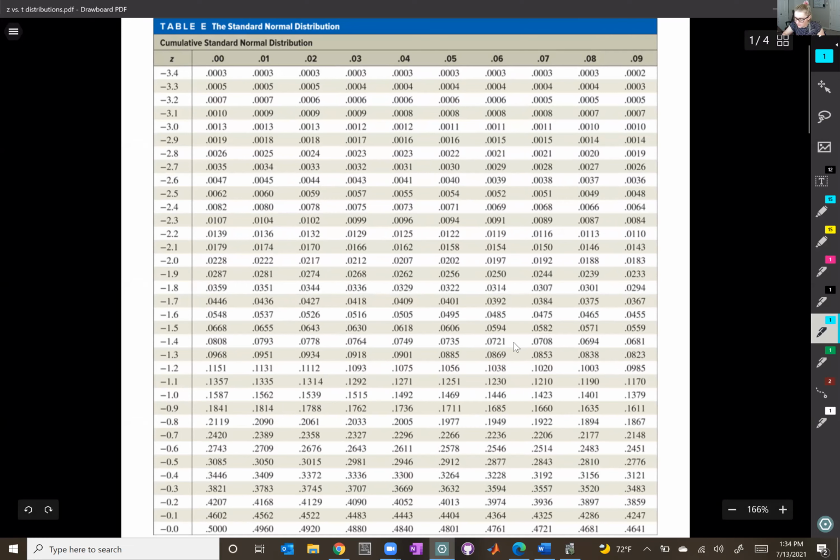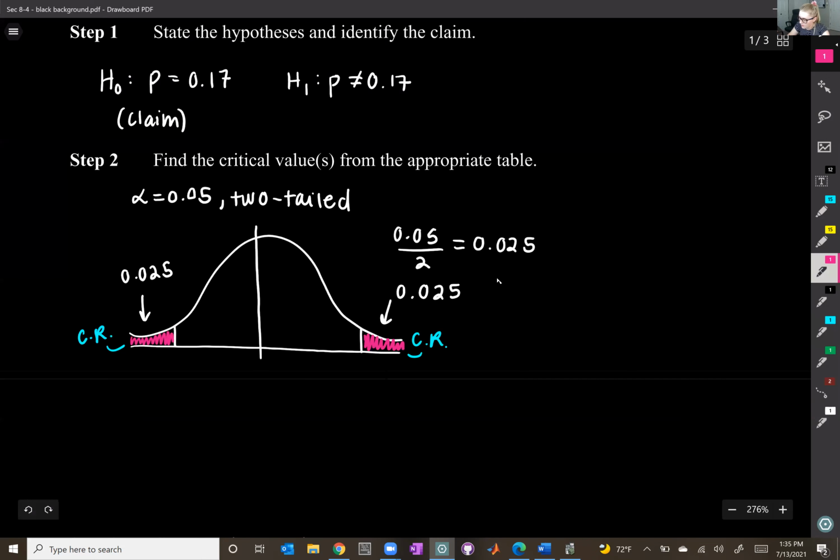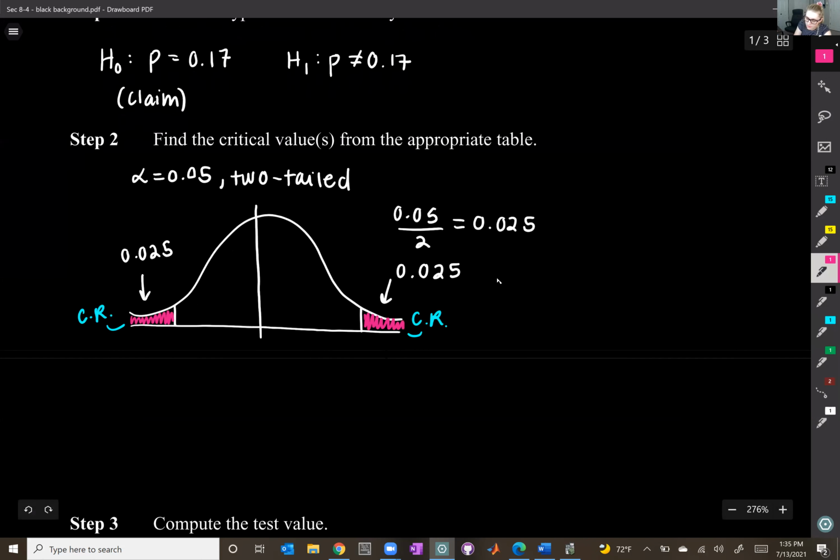We have 0.025 exactly, so that's nice. It's right there, and that corresponds with negative 1.96. So now we have our critical values. Coming back here, this is going to be negative 1.96, and this is going to be 1.96.